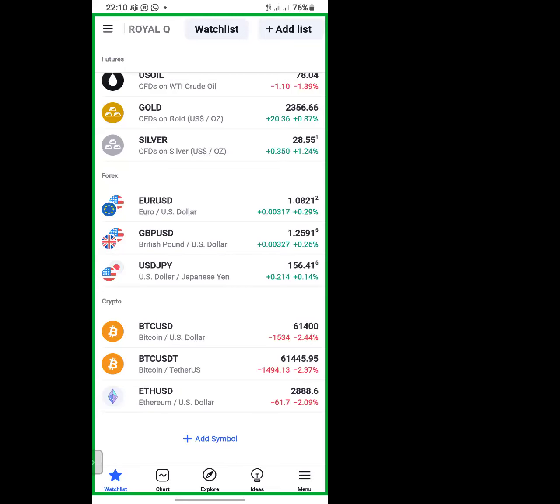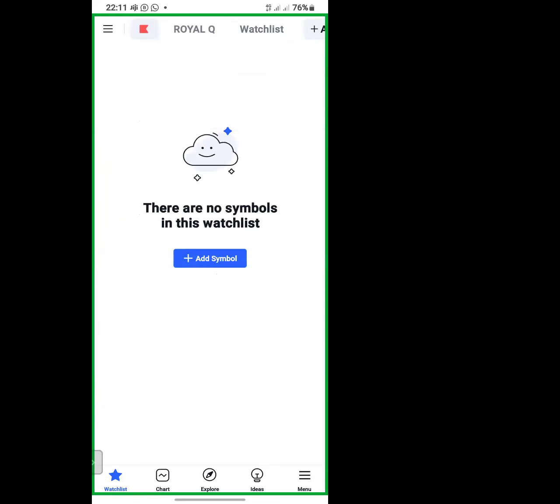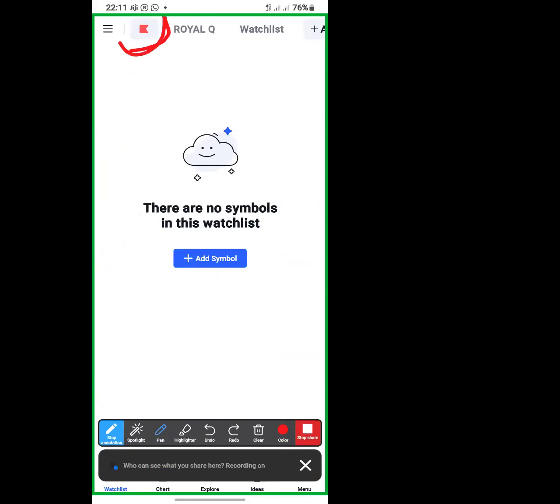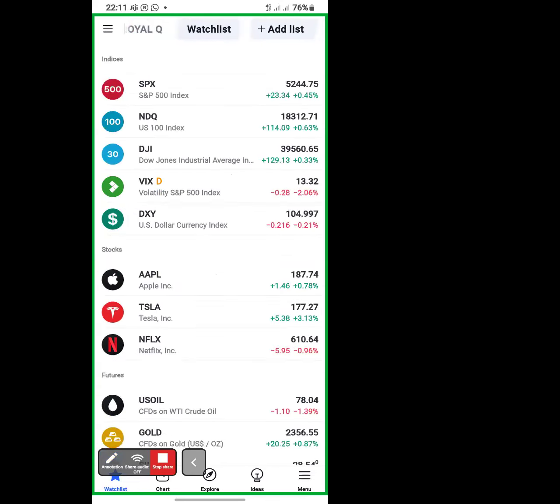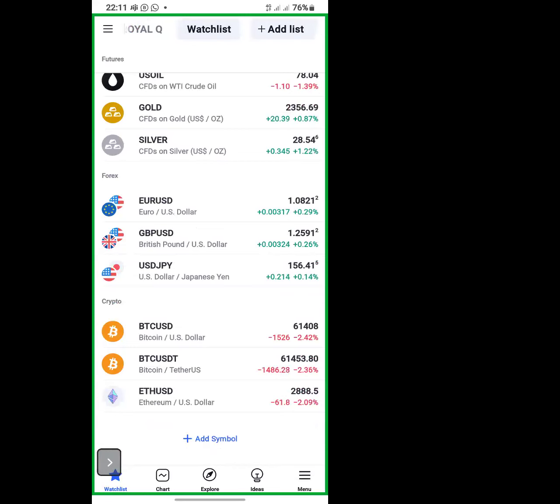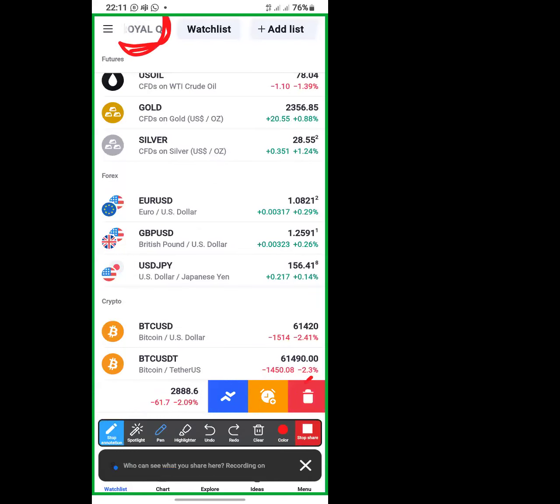All you have to do is first clear all what you have, then you create a watch list. We shall be having two watch lists, the one that we are going to clear and the one called the red list, this one here with a red flag. Now we shall first clear this one here. You hold on the currency, swipe it from right to left, then click on this delete symbol.